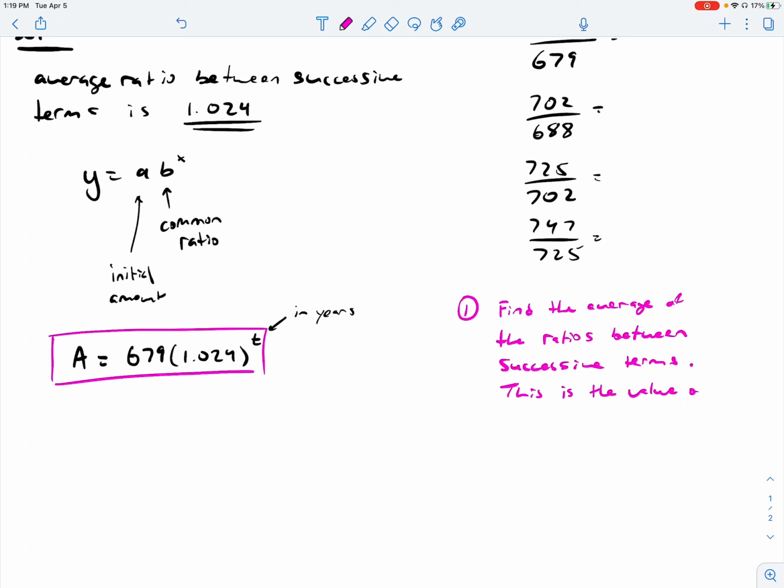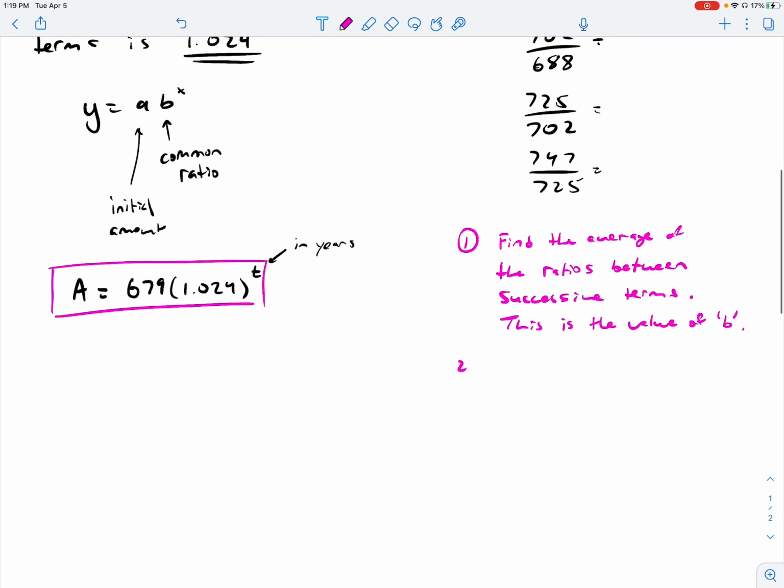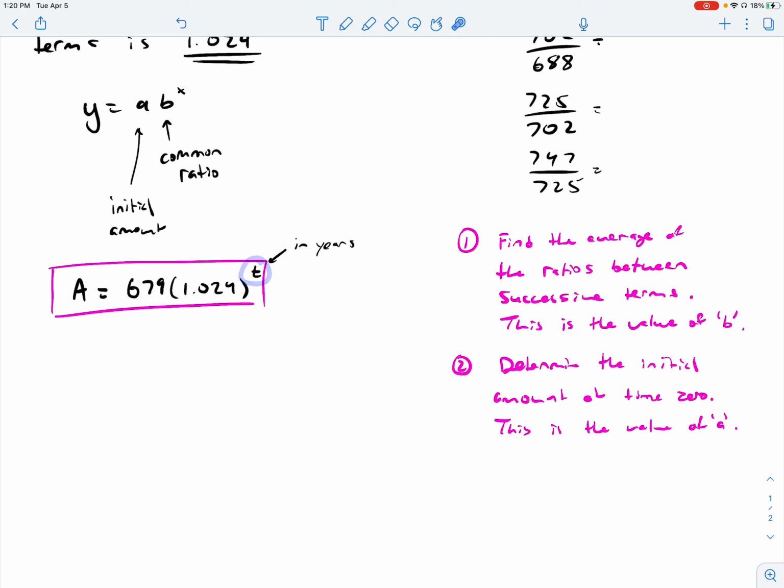Then determine the initial amount, time 0. This is the value of A. The next thing you just need to do is make sure your exponent aligns with this situation, and then you'll be good to go.